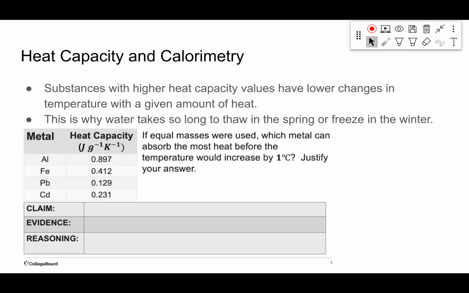And so this is the reason that whenever we have long periods of below freezing temperatures, it takes several days of below freezing before water bodies start freezing. I live in Tennessee, and we rarely see ice on our ponds and lakes because we don't stay below freezing for an extended period of time.